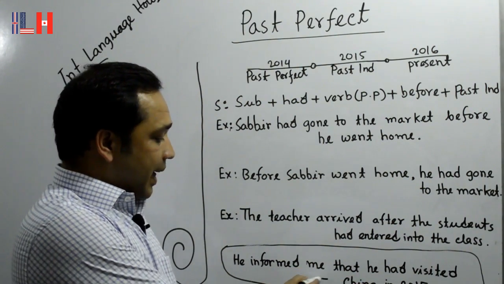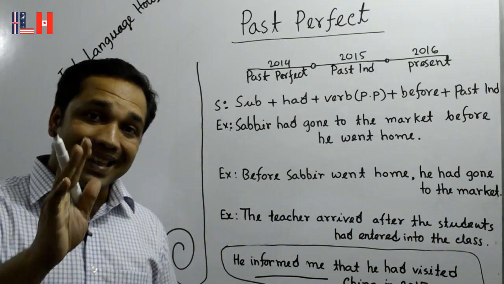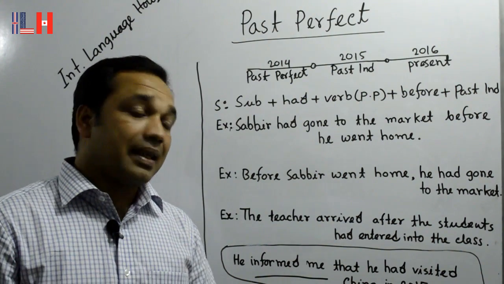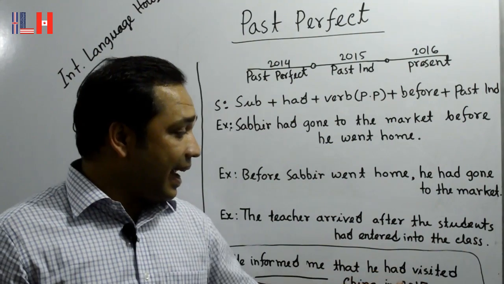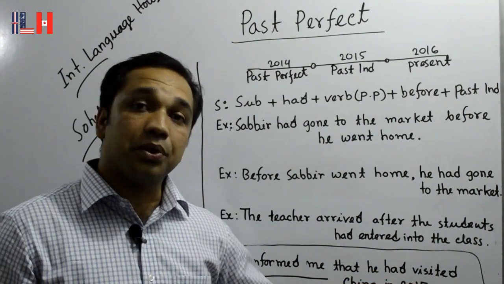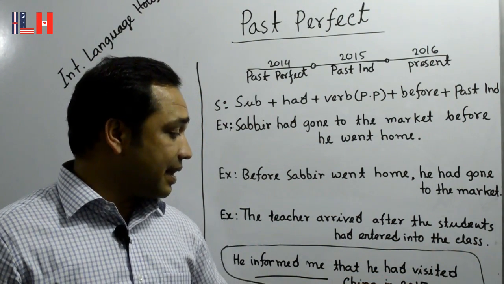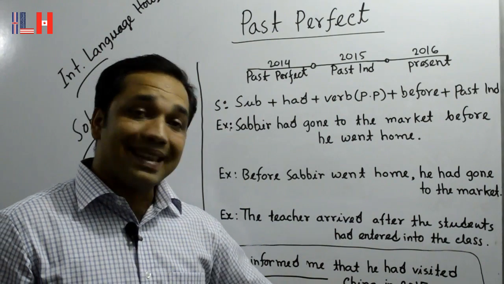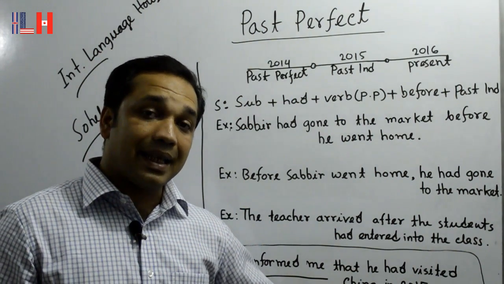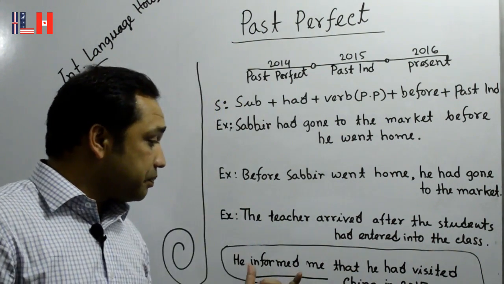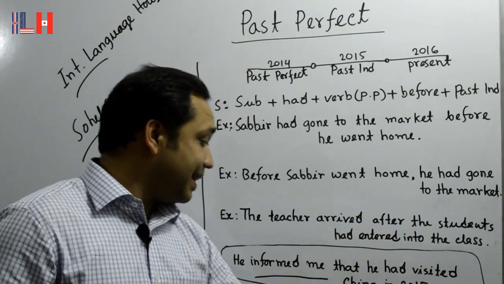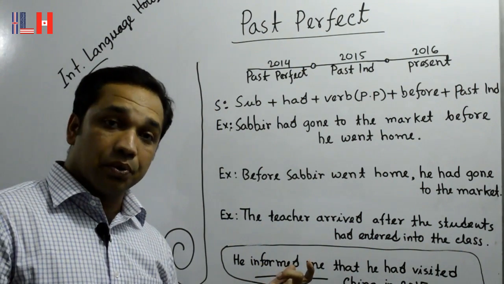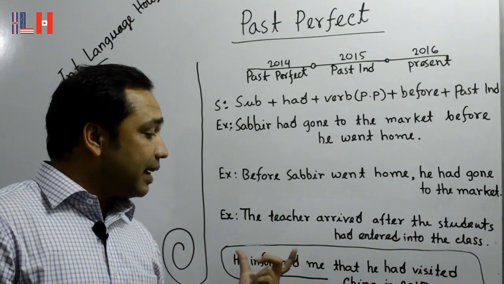Up to that, he informed me, that is past indefinite. And then he had visited China in 2015. That incident, visiting China in 2015, is past perfect, because he had visited that place and then he informed you. That incident happened earlier, and he informed me later in the past.